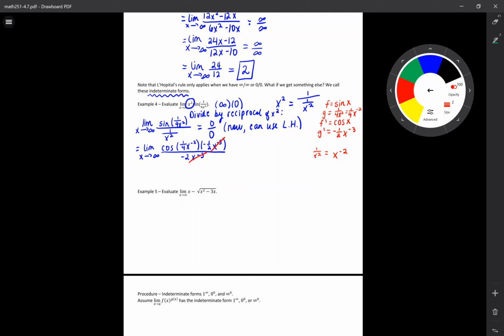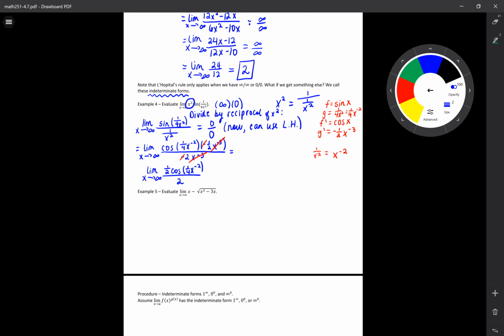I can also cancel out this negative and this negative. So this will give me the limit as x goes to infinity of 1/2 cosine 1/4 x to the negative 2, divided by 2.